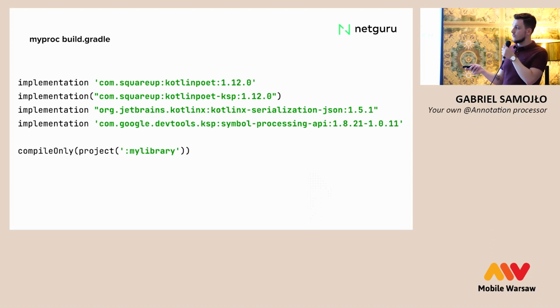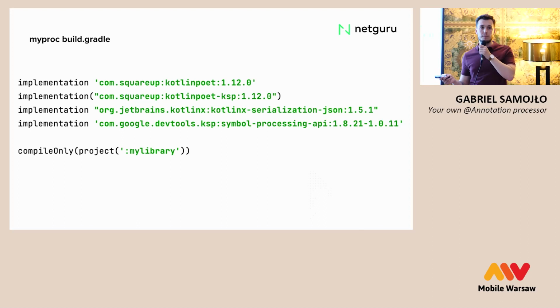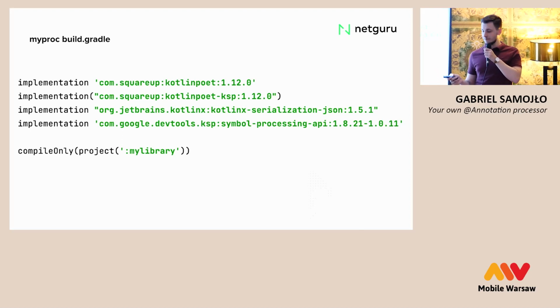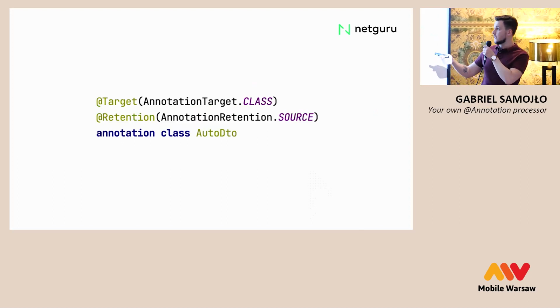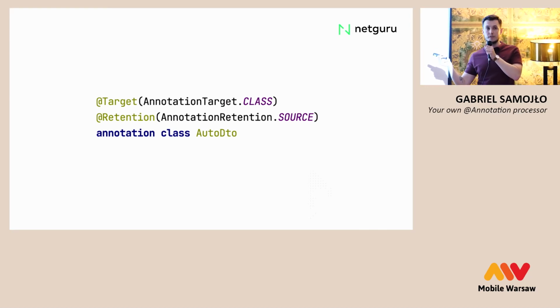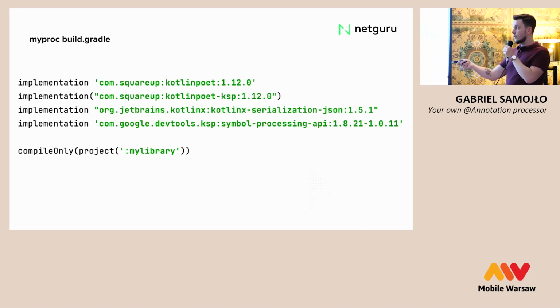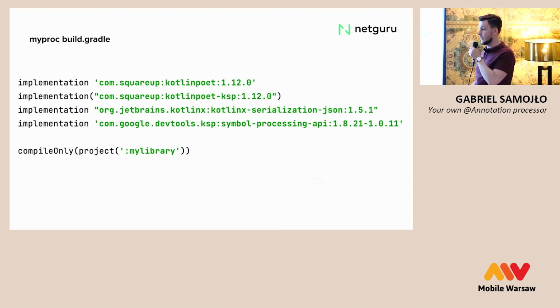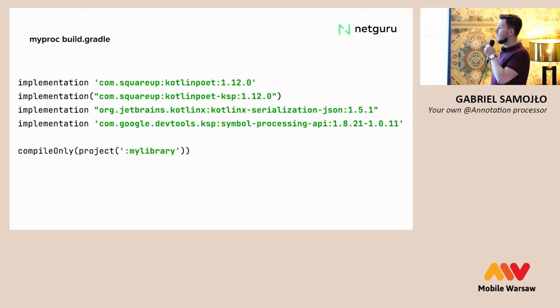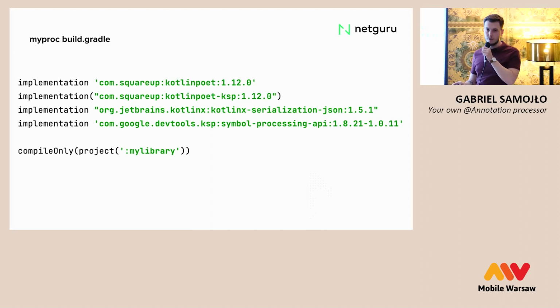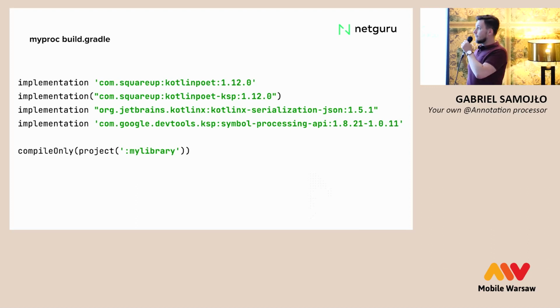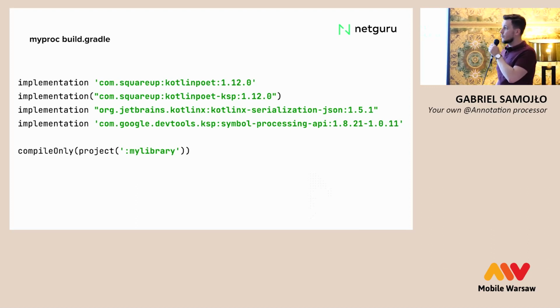And something worth noticing is that we have compileOnly, because we explicitly set our annotation as source, the one that will be stored only in the source code, not in the binary. So that's why we can have our library as compileOnly, during compilation time, not at runtime. It's not required. We can have implementation here as well, but yeah. Okay, let's start with building our processor.